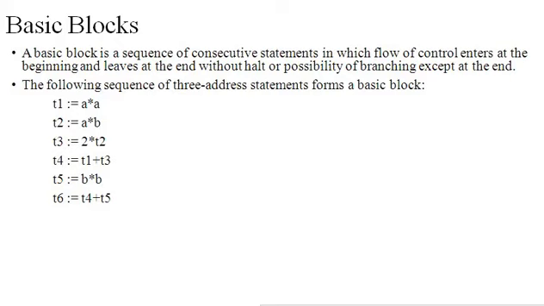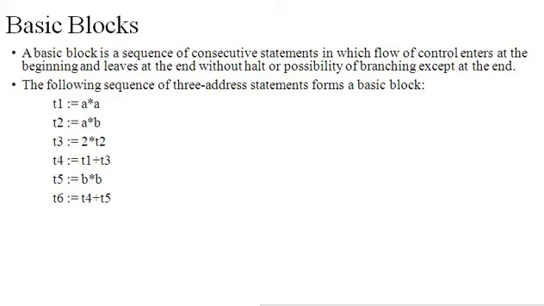So the following sequence of 3 address statements forms a basic block: T1 = A * A, T2 = A * B, T3 = 2 * T2, T4 = T1 + T3, T5 = B * B, and T6 = T4 + T5.